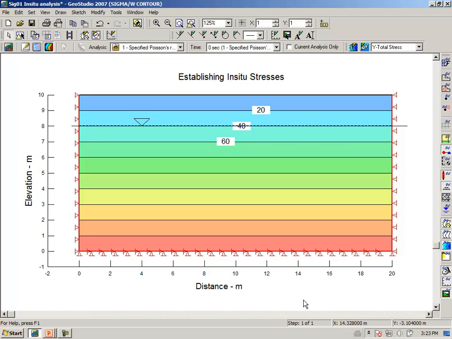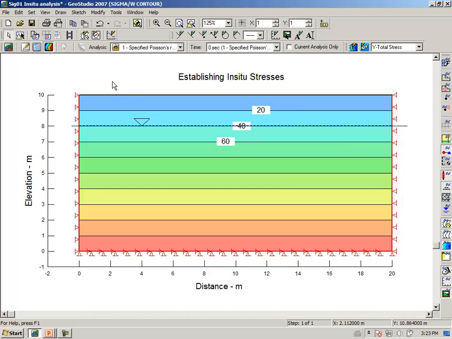The fact that the vertical stress contours are horizontal is an indication that the stress is uniform all across this section.